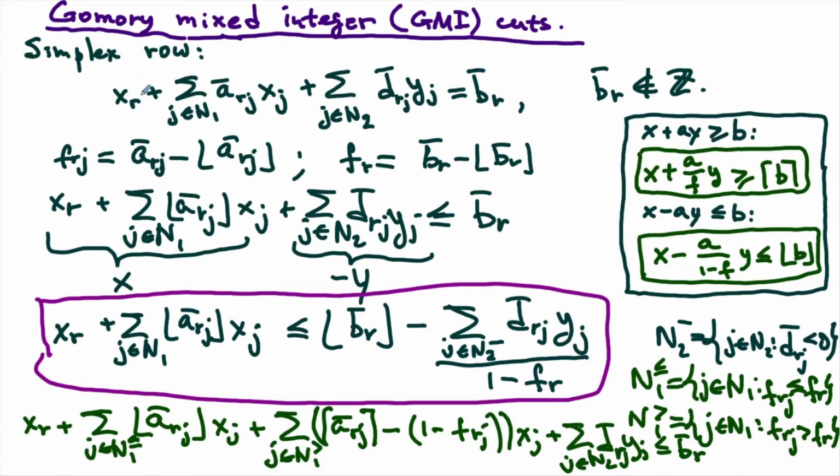Alright, so now going from the original equation to our inequality, what we changed, we rounded down the coefficients for xj's. Alright, and we didn't round down the coefficients for xj's in the set of j's given by N1 greater. Okay, so those coefficients with relatively large fractional parts, they were not rounded down, so instead we just wrote down their equivalent representation as this difference right here.